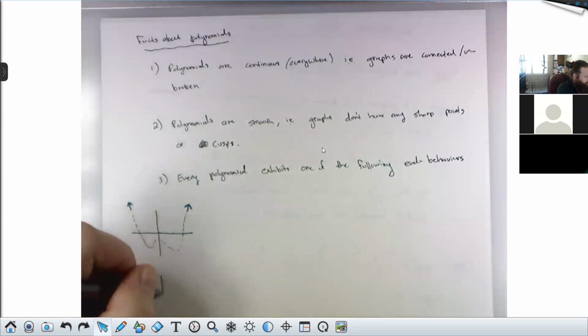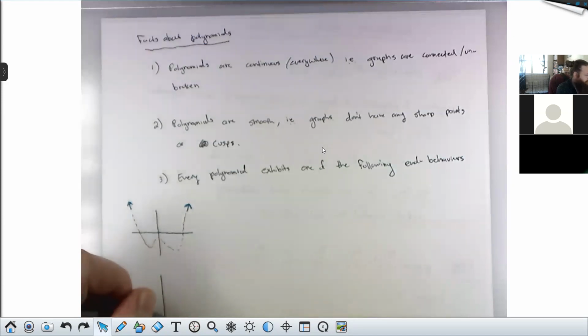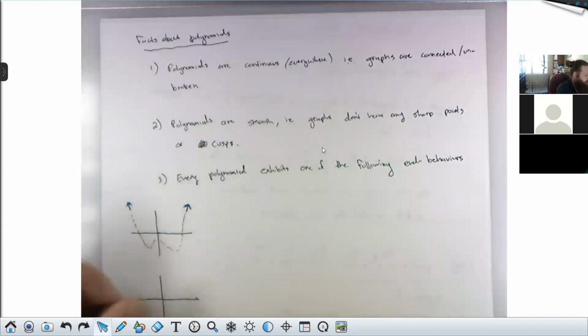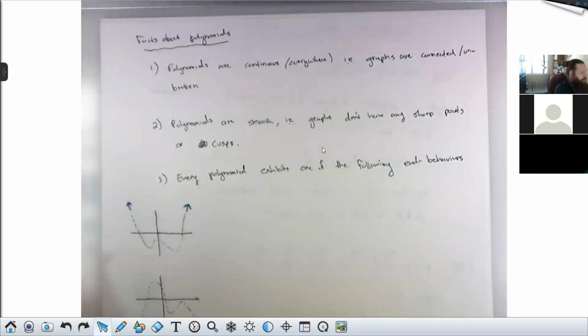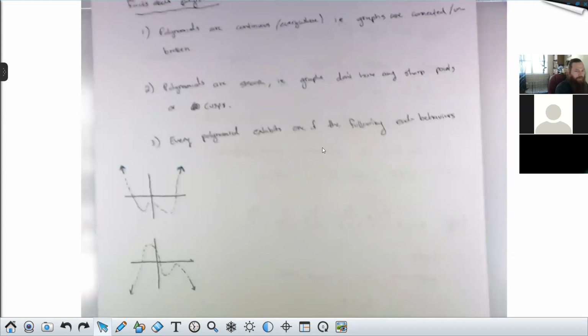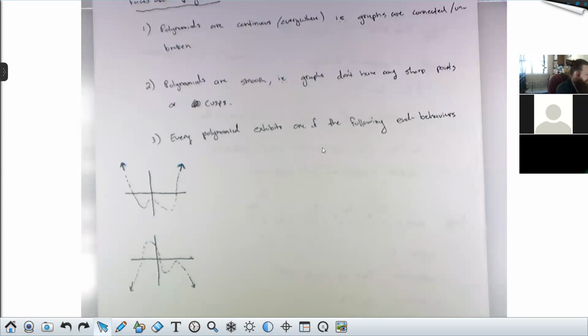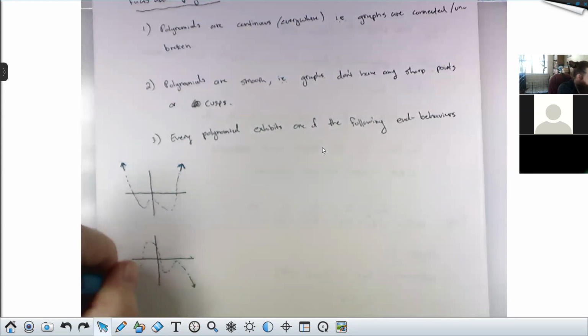It's also possible that the arrows point down on both sides. All right, this could be the graph of a polynomial.